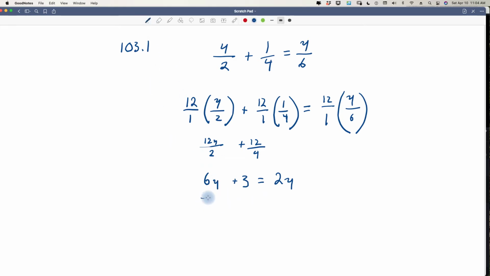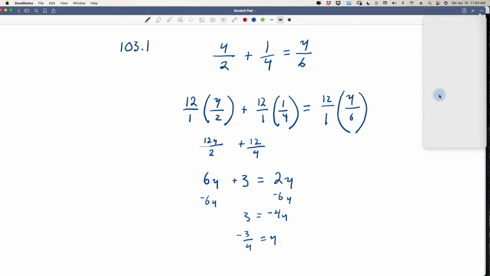Now we can subtract 6y from both sides. 3 is equal to negative 4y, and negative 3/4 is equal to y, or y is equal to negative 3/4, either way. All right, so let's move on to 103.2, which is a little bit more difficult, but the same type of problem. We're going to ease you into this higher difficulty of denominators.